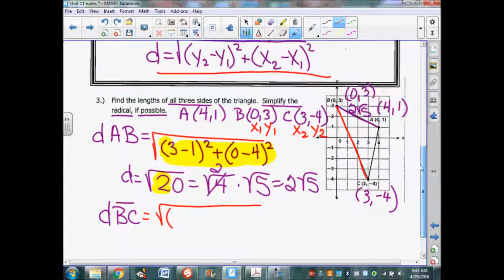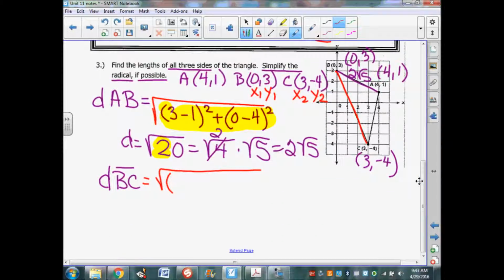I look at my formula. -4 minus 3 squared plus, let's see, that was y2 minus y1. Now I've got to do x2 minus x1. And this is where I go to my calculator for just what's underneath the radical. So you're going to type in exactly what you see underneath the radical.